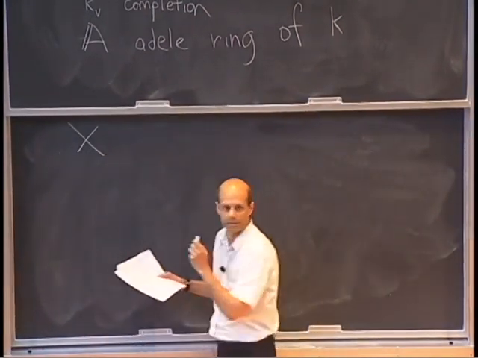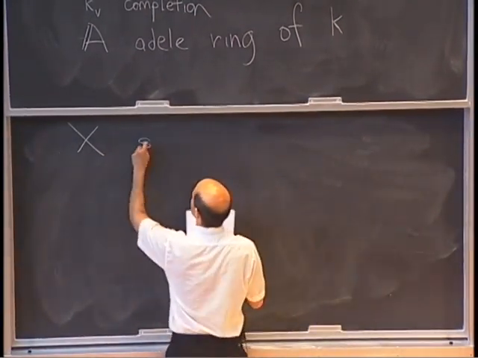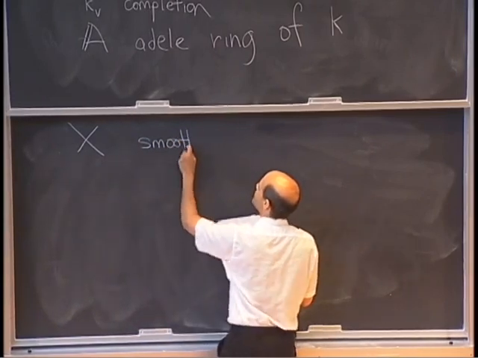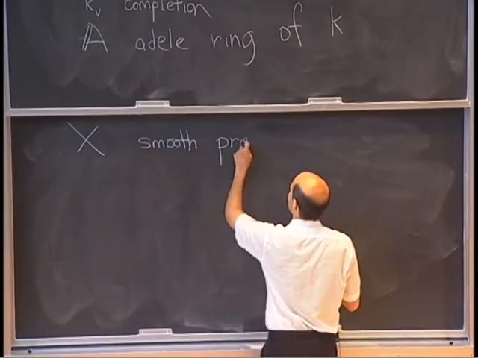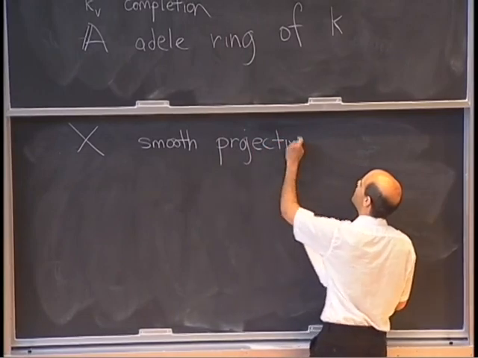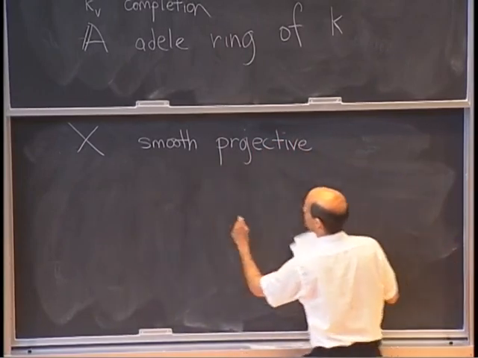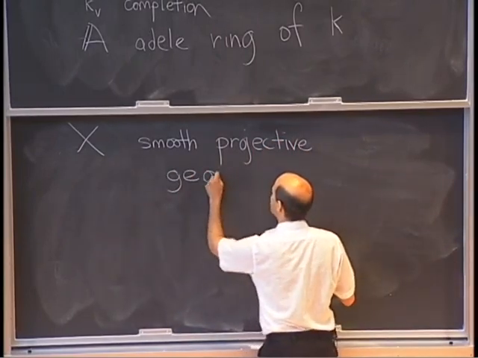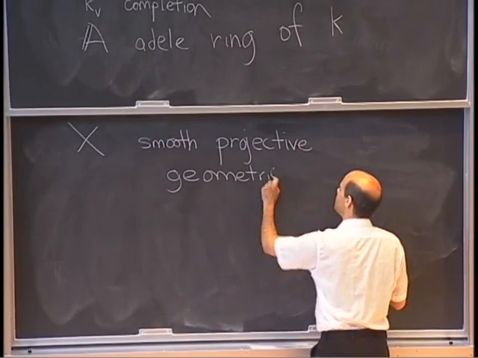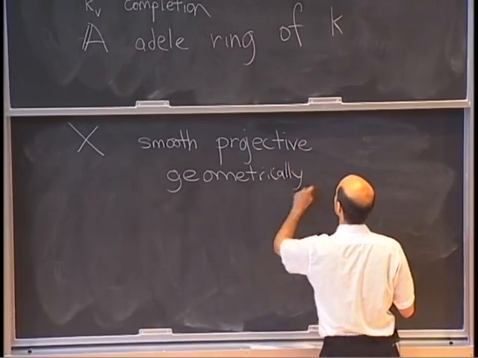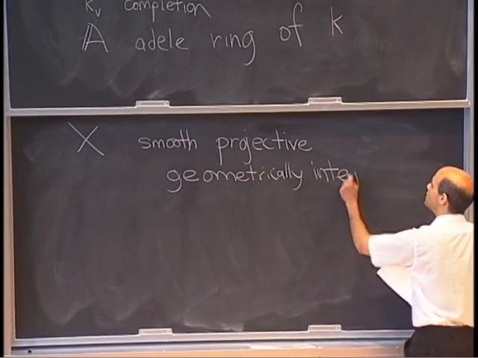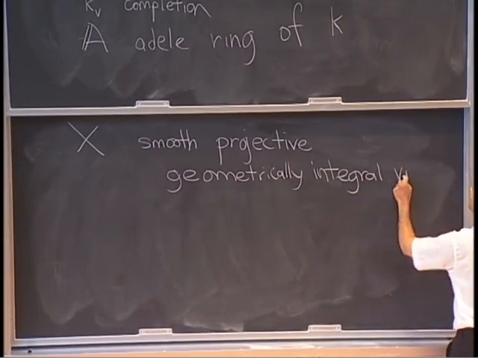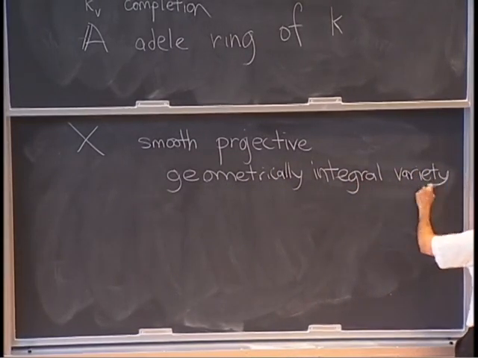And X will be my variety. I'll assume it's the nicest kind of variety. It's smooth, projective, and geometrically integral over K, of course.